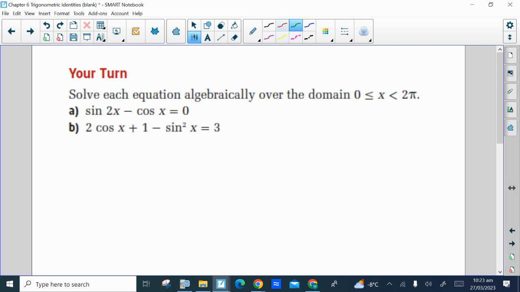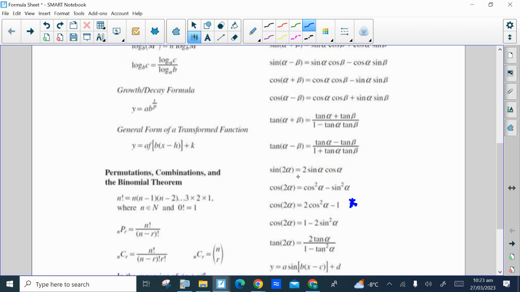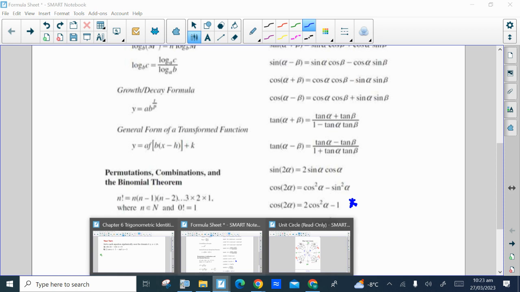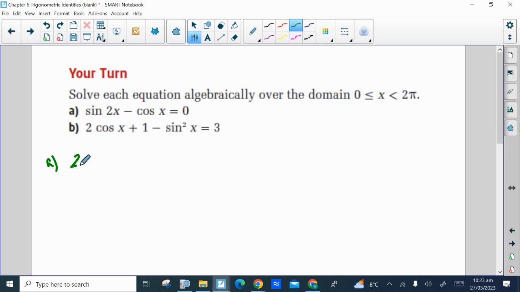All right, for this one, part A, there's only one option for sine 2x when you look on the formula sheet, and that is 2 sine x cos x. The only option for sine 2x. 2 sine x cos x. The second term is minus cos x equals 0.